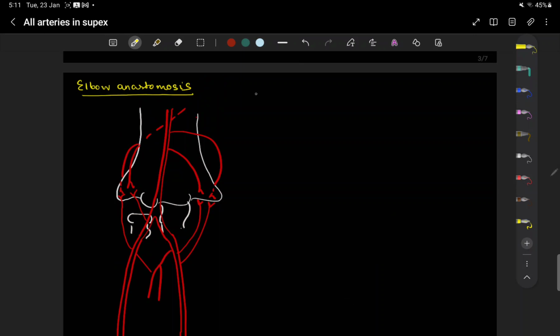है. First is in the front. First is we have two condyles of the humerus. One is the medial epicondyle, another is the lateral epicondyle. So medial epicondyle का दो portion है, one is the front and one in the back. So if we talk about in the front of the medial epicondyle, this is the inferior ulnar collateral branch.